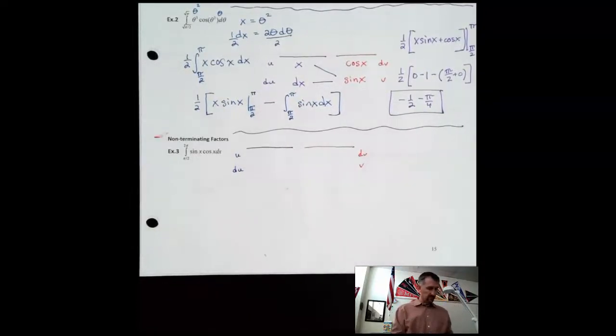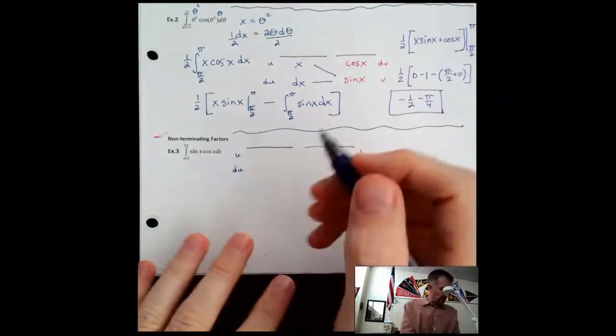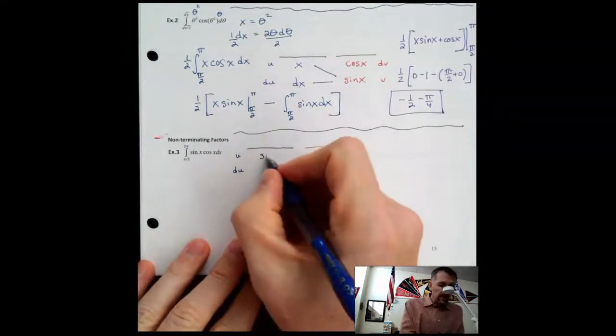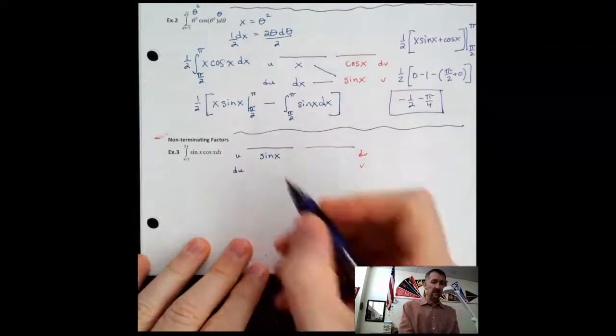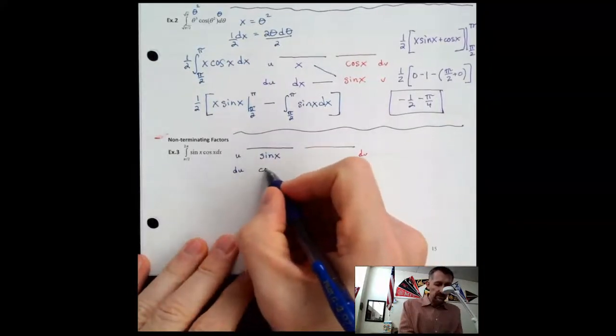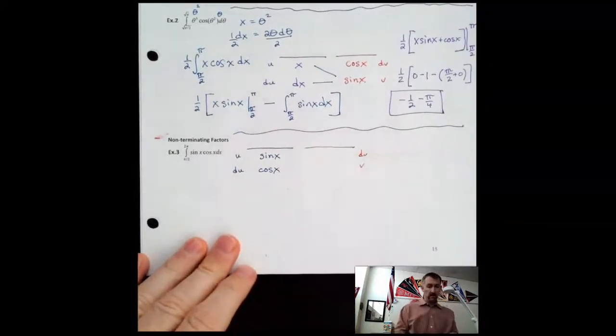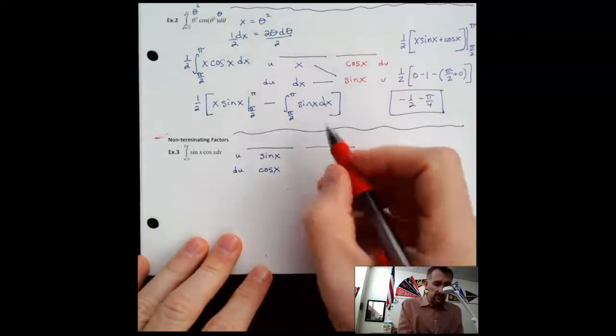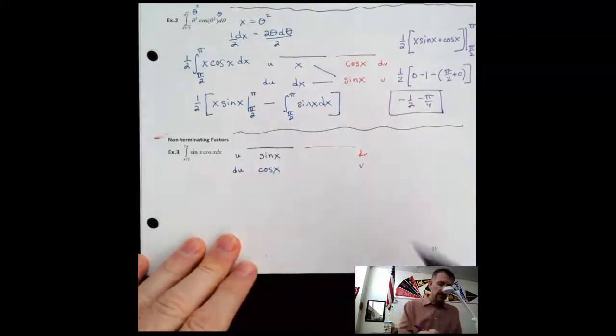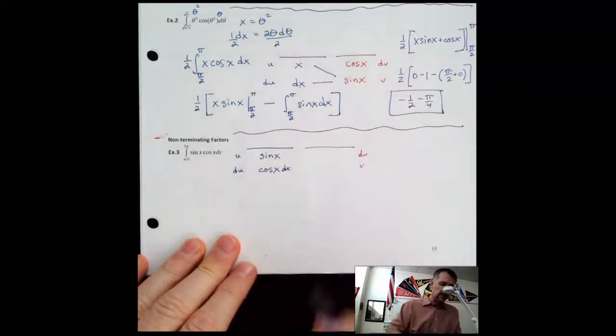So here, you probably could do it either way. I'm going to put sine here, so that's going to be sine x. Derivative of sine is cosine. And on this side then, all that's left is cosine. Now, that should be a dx there, cosine dx.